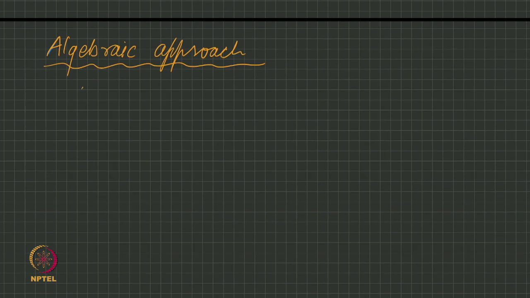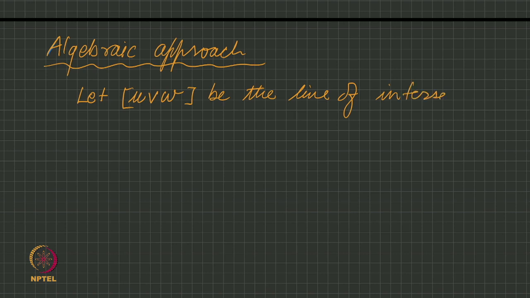Since we want to find the line of intersection, let u v w, which we do not know and want to solve for, be the line of intersection of 1 1 1 and 1 bar 1 0.